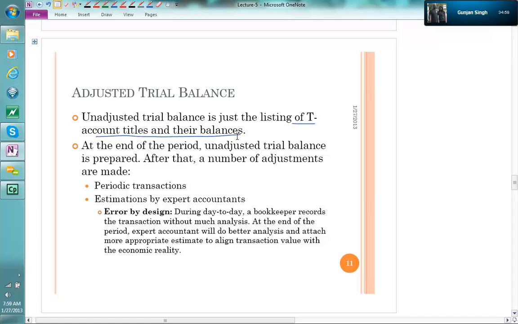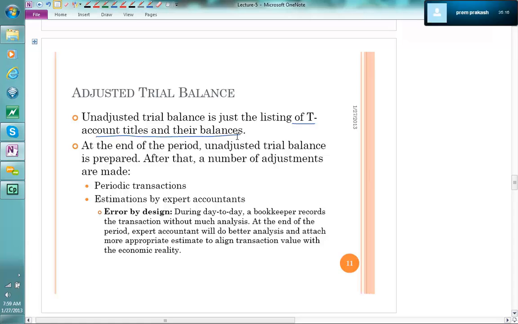Those people are hired at the end of the period, and they will make the correct value assignment to a particular entry. So this will increase the efficiency of recording the transactions.